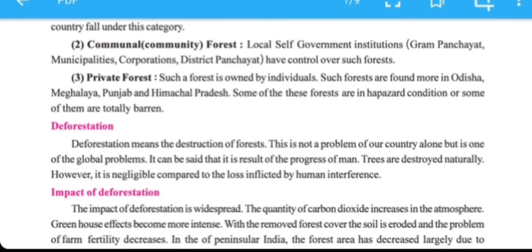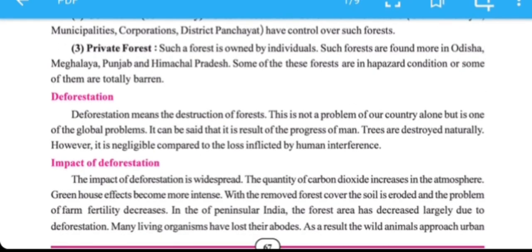Next important question, what is deforestation? Deforestation means destruction of forest. Impact of deforestation means, due to destruction of forest, what are the possible effects on the environment? What negative points are there?